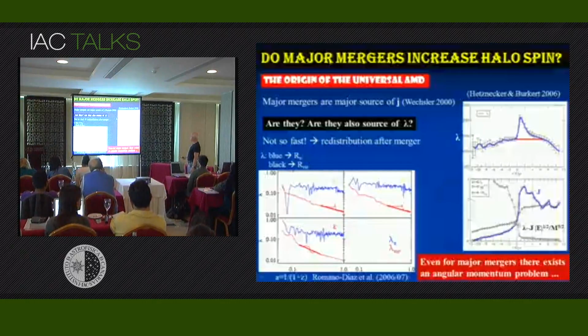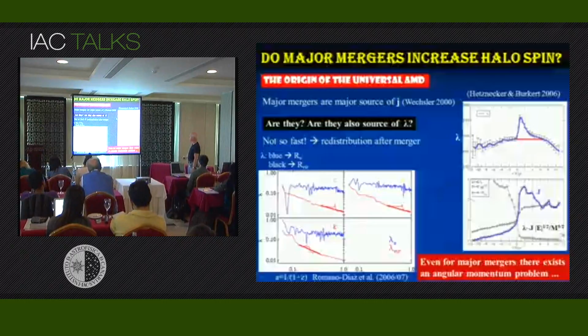And we actually know where the problem is. Here is the same group, and this is the definition of spin, the halo spin. And you see that in the merger, the angular momentum goes up, then declines.